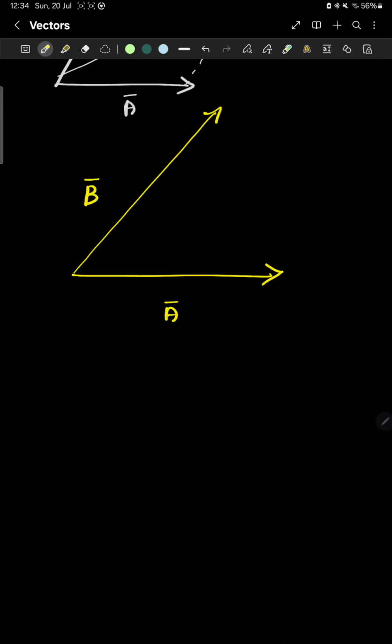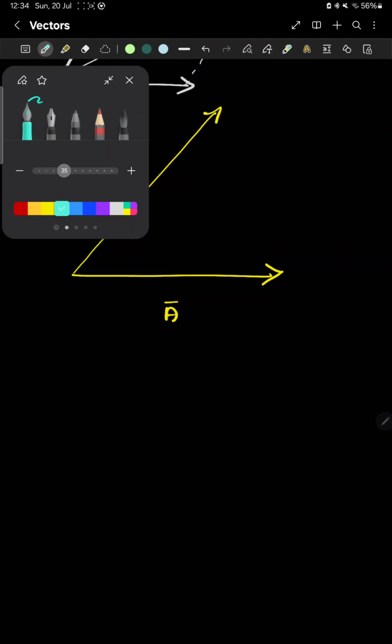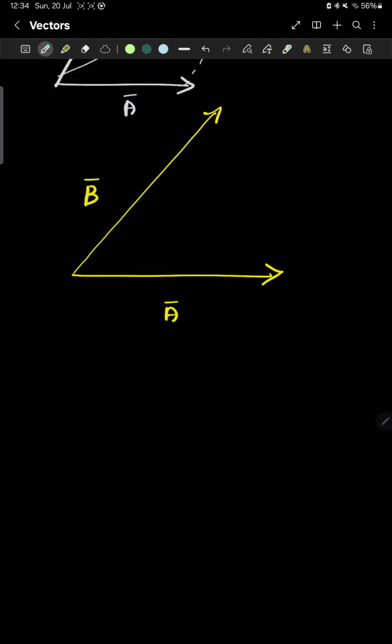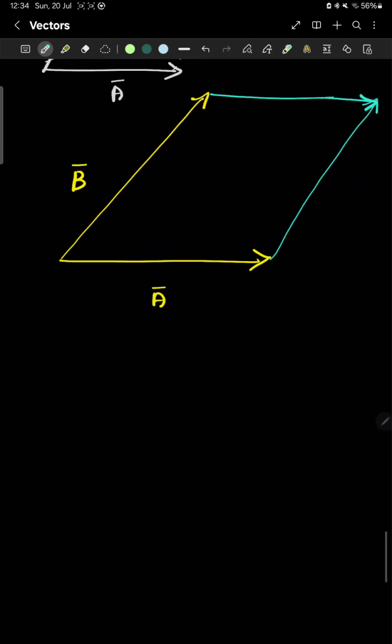To complete this shape, I am extending the opposite side with the same length as the one below.